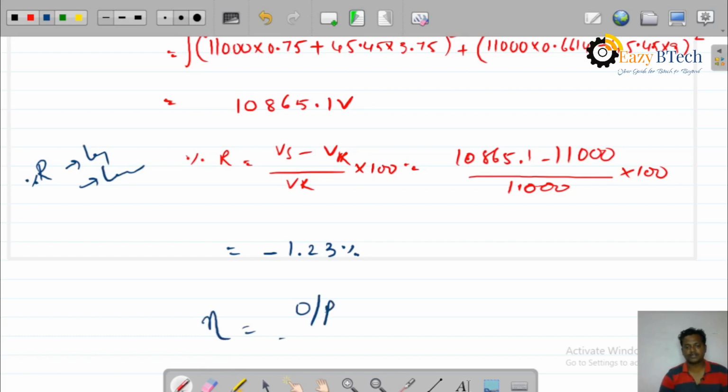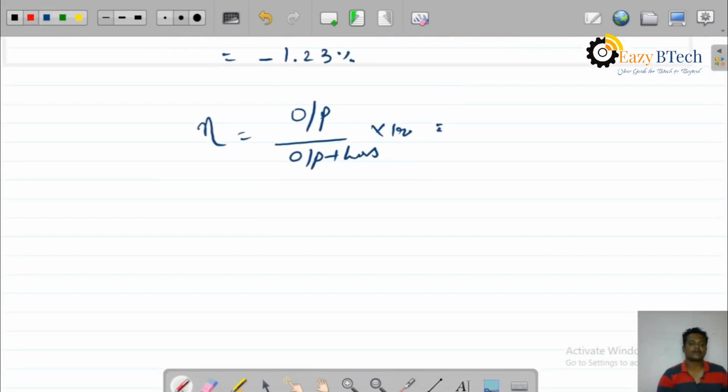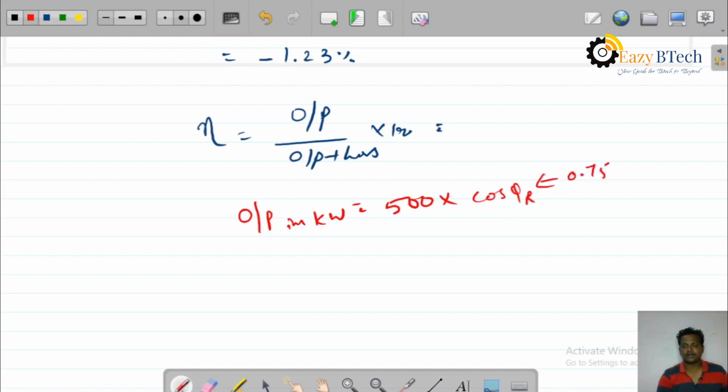Efficiency of the transmission line is output by output plus losses, into 100. Here the output has to be in kilowatt, and the given power is in kVA. That's why output in kilowatt equals 500 into cos phi r, which is 0.75.